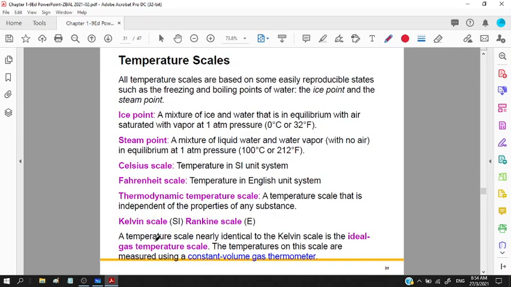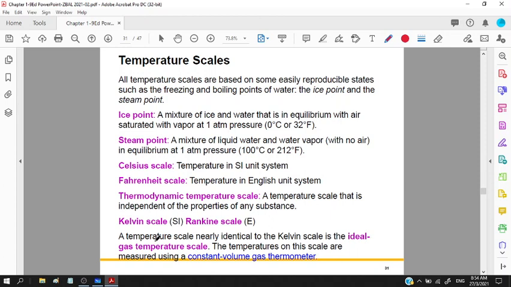Now we go to the temperature scale. We have temperature units in degrees Celsius, Fahrenheit, Kelvin, and also Rankine. But as far as the temperature scale is concerned, the temperature scale always begins at 0 Kelvin.